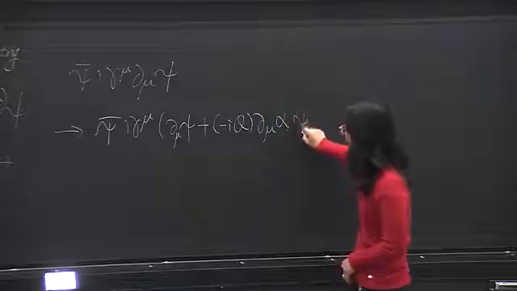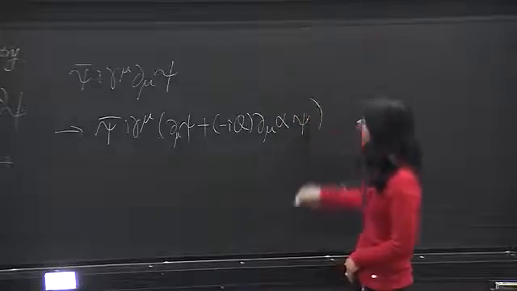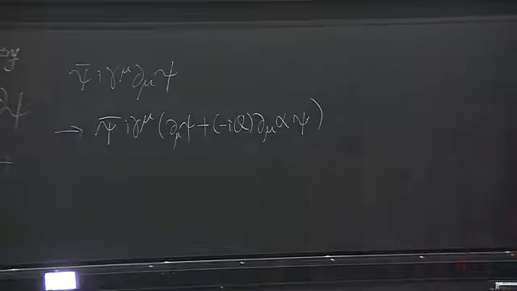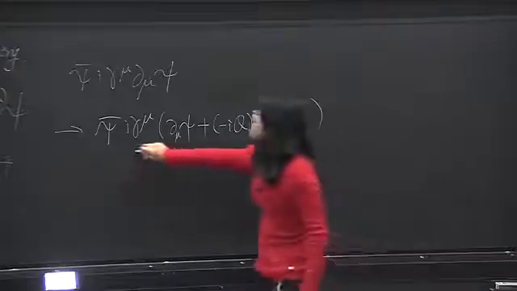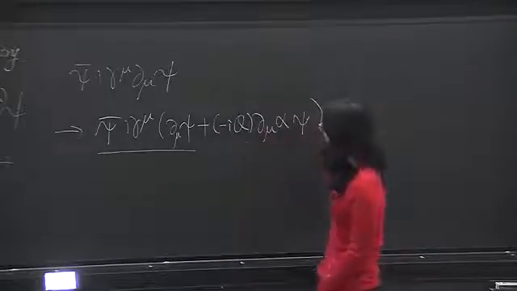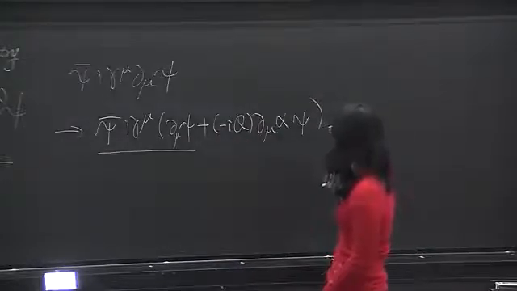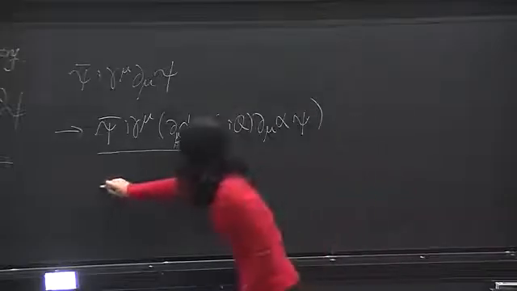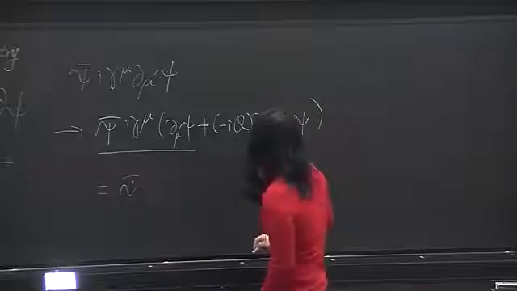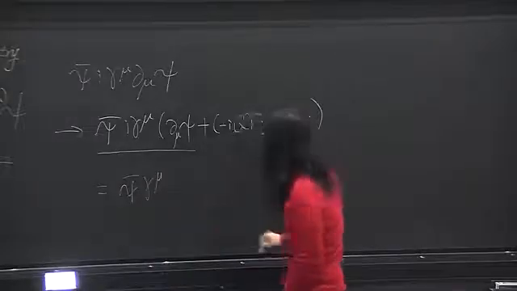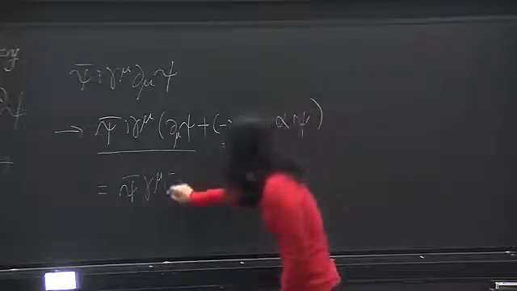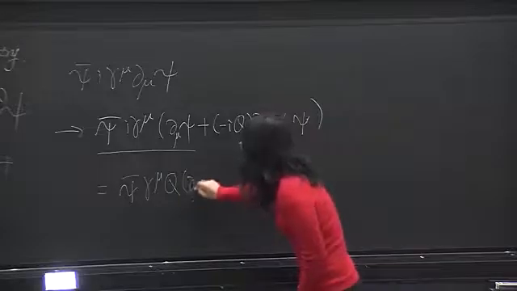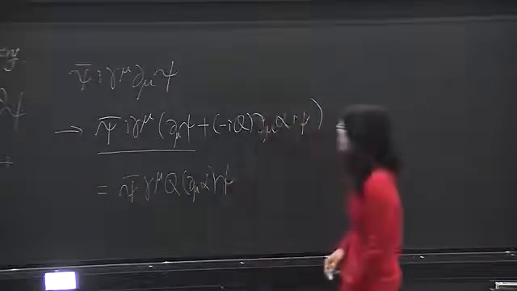Whenever exponents show up, they will all cancel, so I just didn't write them. So this term is what it was before, but now I have this extra term. This extra term is given by psi bar gamma mu, and the i and the minus i cancel, q partial mu alpha psi.